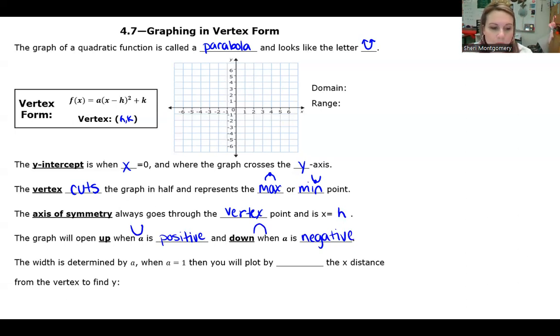This is new. The width is determined by a. When a is equal to 1, then you will plot by squaring the x distance. You're squaring the x distance from the vertex to find your y distance.